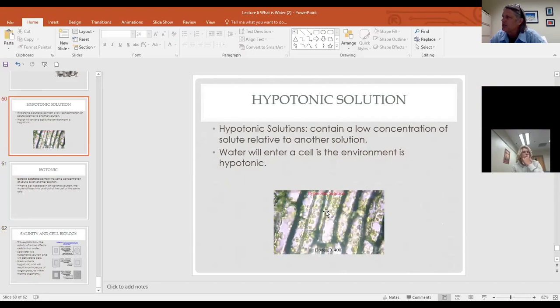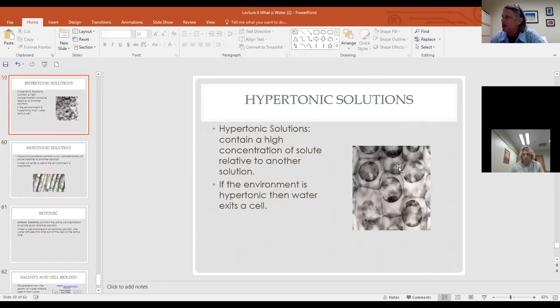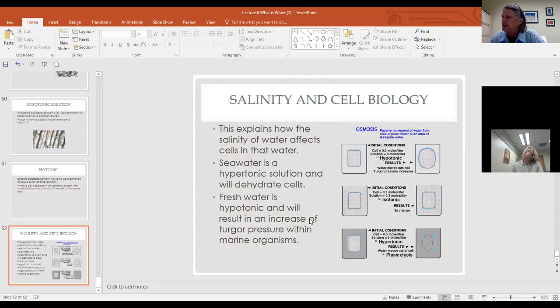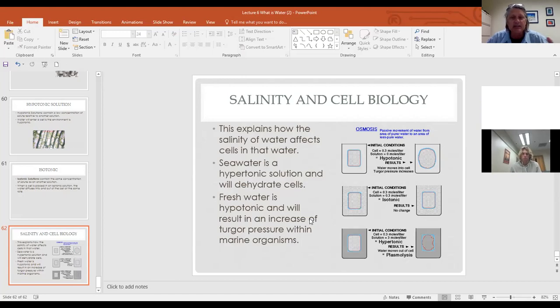These cells are bloating up because they're taking in water because of hypotonic solution. These cells are shrinking because they're losing water because of a hypertonic solution. So tonicity is a concept that we look at in oceanography simply because living things need to regulate that salt balance.